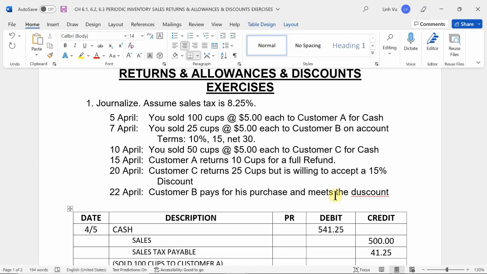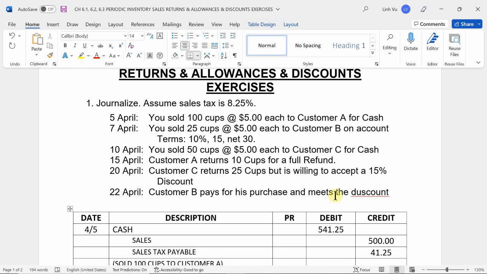Well, first I need to know how much the grand total amount is for the refund. Okay? So in this case, 25 of those cups, what was my original price that I charged them at? $5 each. So 5 times 25 gives you 125.